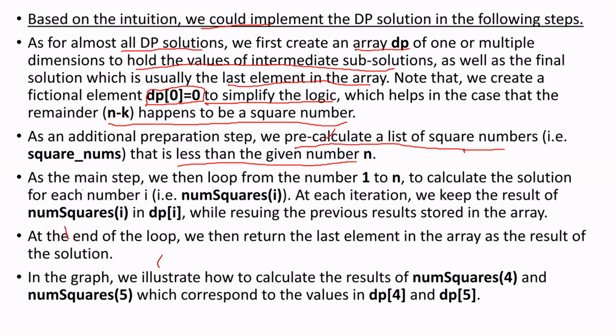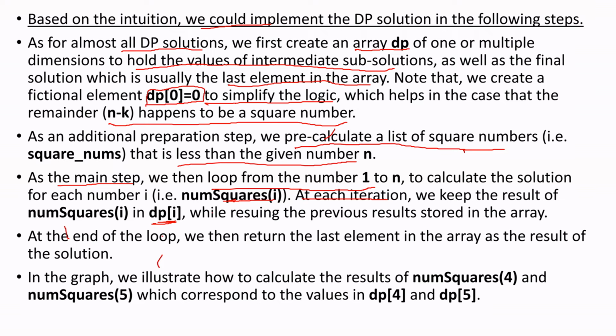And then our main step, we then loop from 1 to n to recalculate, right? For each number from 1 to n, what we have to do, we have to make a loop, and then at each iteration we keep the result num of I in dp of I, right?